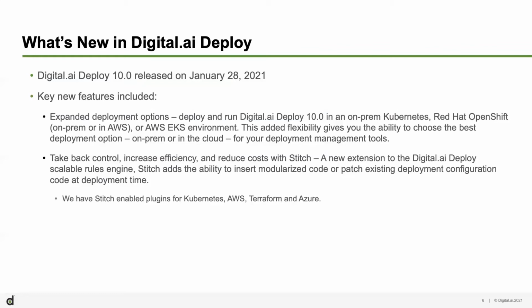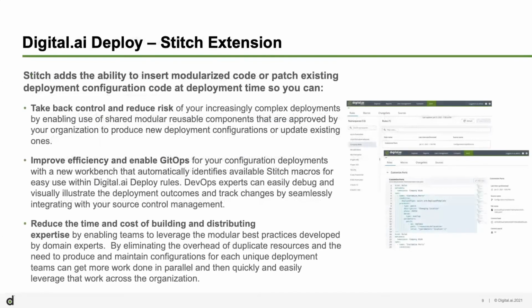It is an extension to our rules-based engine, and it adds the ability to insert modularized code or patch existing deployment configuration code at deployment time. And I'm going to talk a little bit more about this on the next slide, but just want to be sure you're aware that along with this release, we have Stitch-enabled plugins for Kubernetes, AWS, Terraform, and Azure, and we will be doing more, but those are the ones that are delivered alongside and are available with this January 28th release.